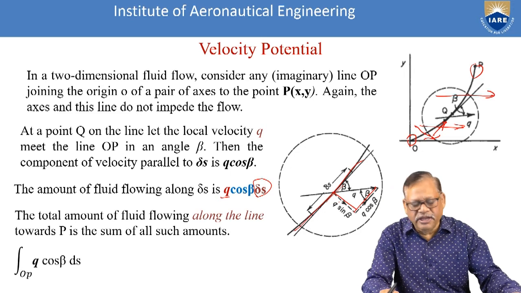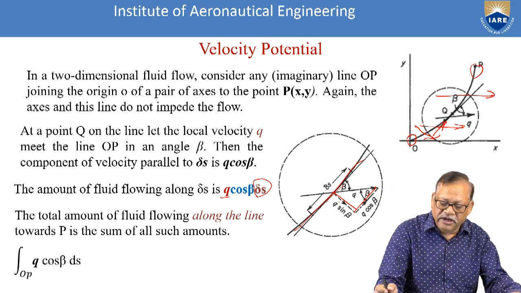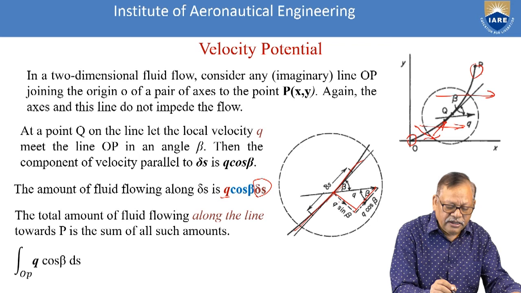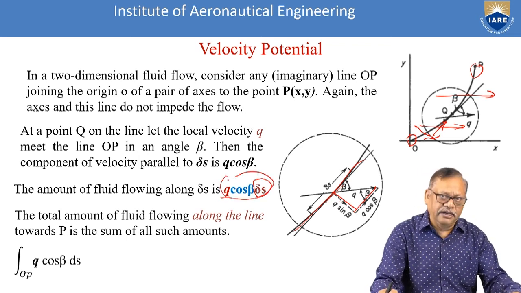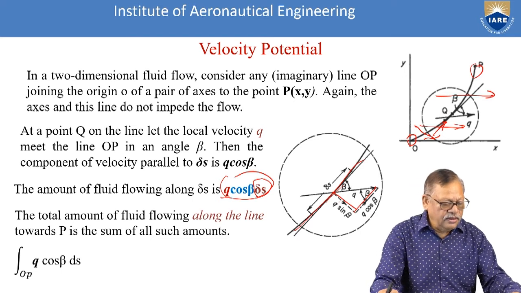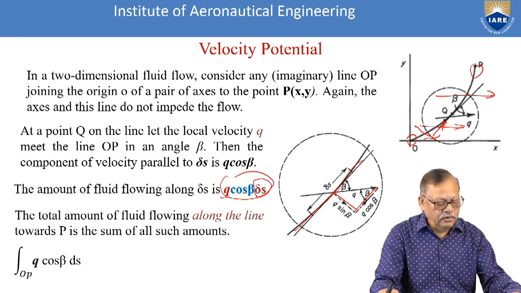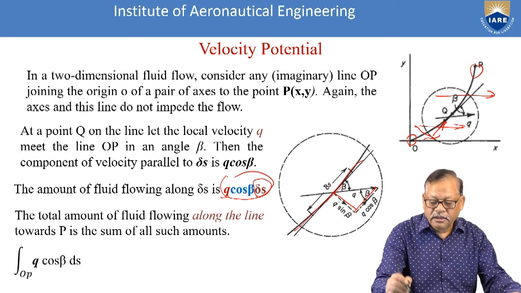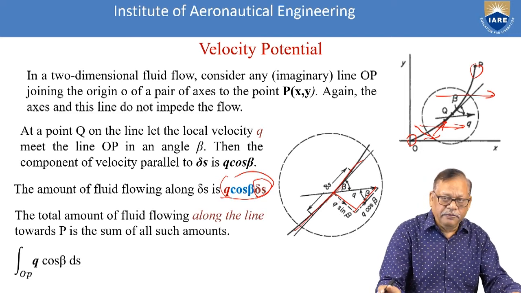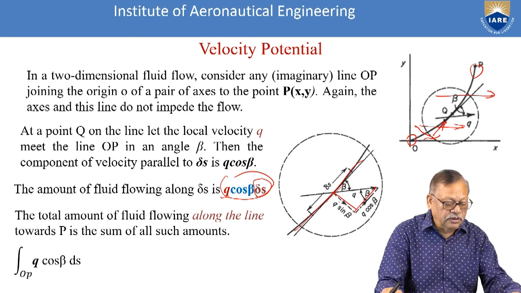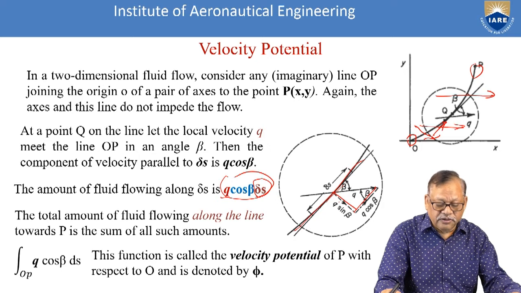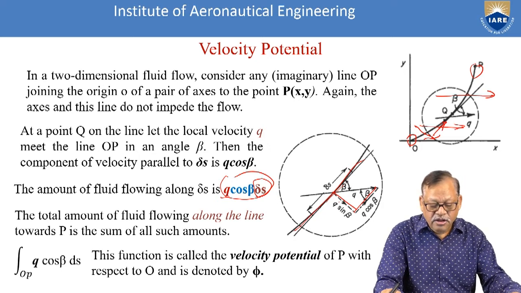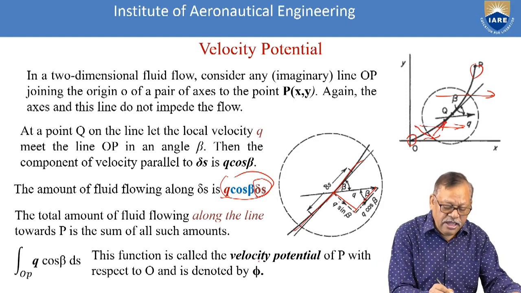So how can we get it? We will get it if we integrate from O to P the amount Q cos beta ds. If we take the integration of Q cos beta ds, we get the total amount along the line. This function is called the velocity potential of P with respect to O, and it is denoted by phi.